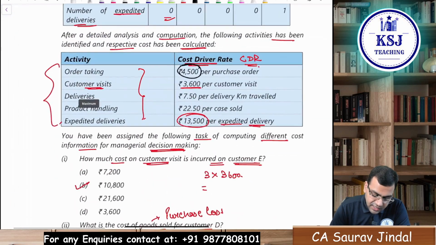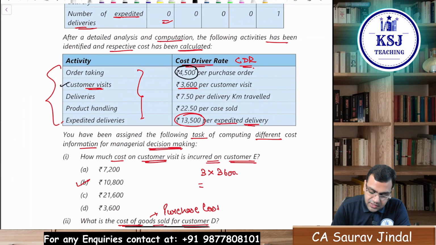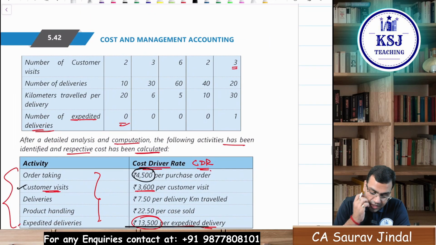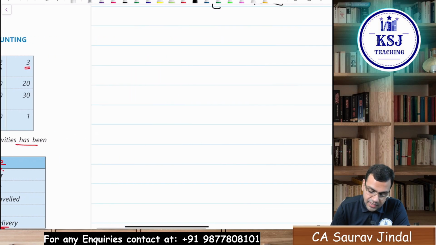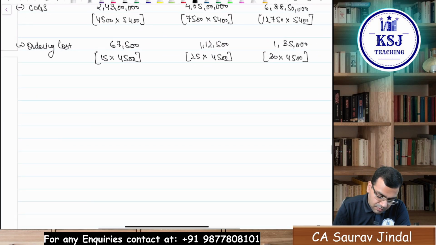Next activity, customer visits. For customer visit, they say it is 3,600 per customer visit. For customer A, number of visits is 2. For every visit, 3,600 cost, and for D it is 3. For customer E, 3. So minus customer visit cost.